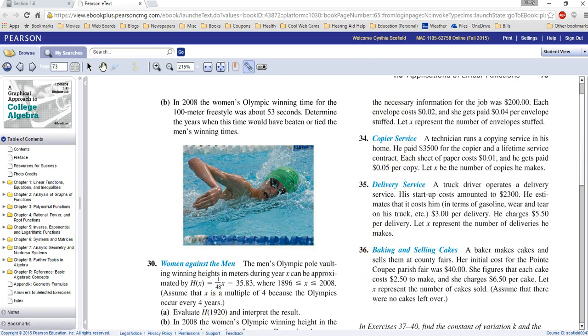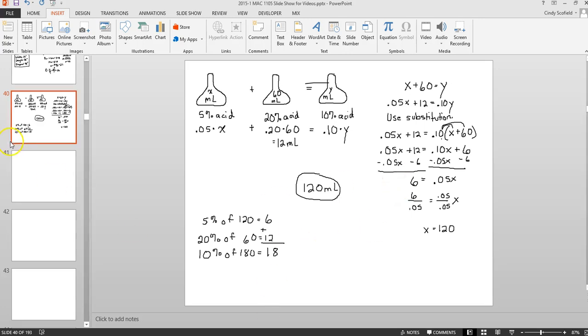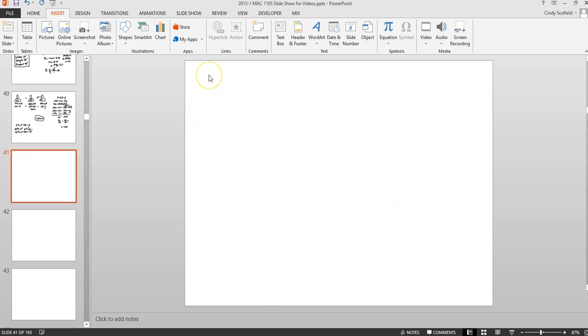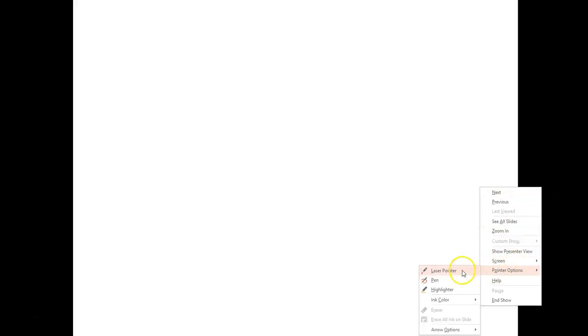All right, so let's set up a cost function first. The cost function has to deal with the cost of the copier.